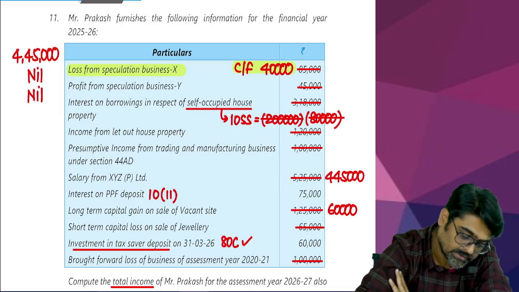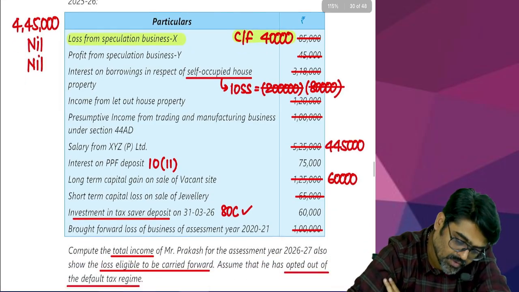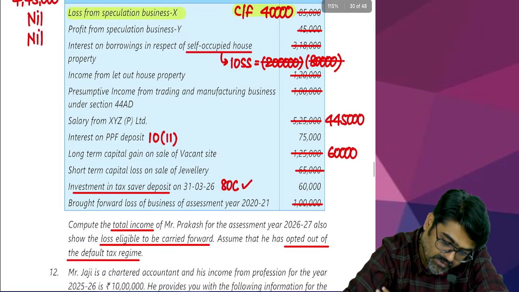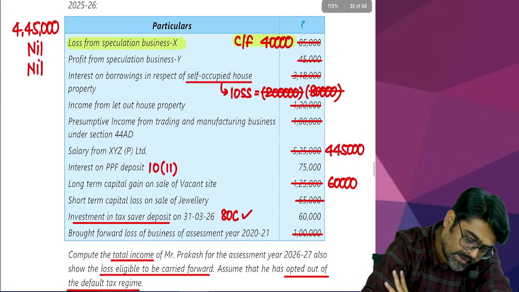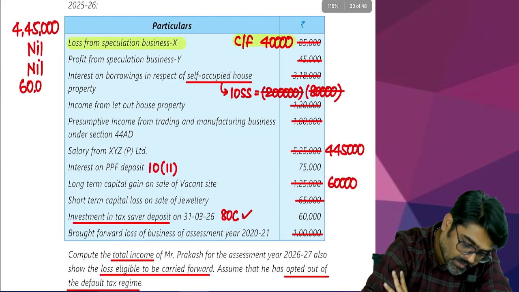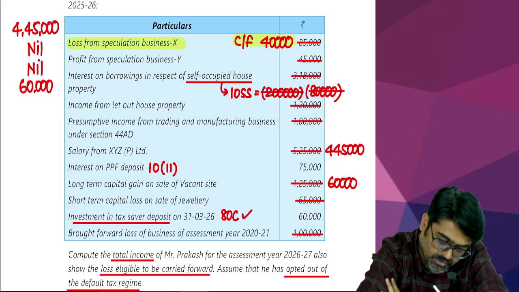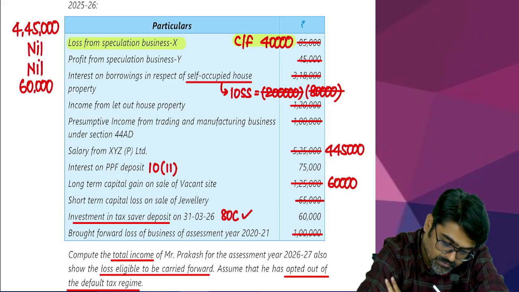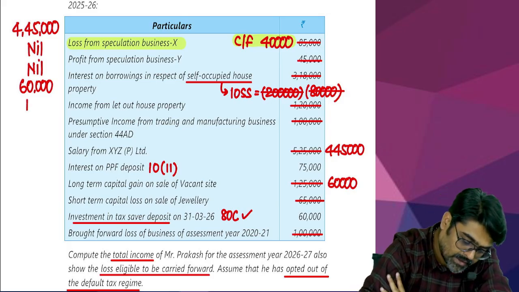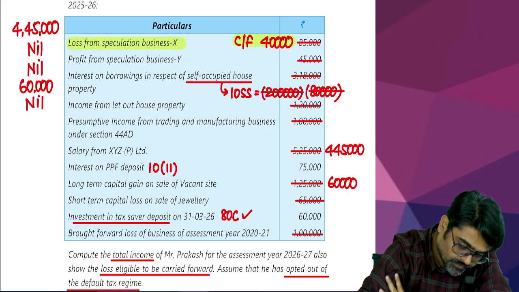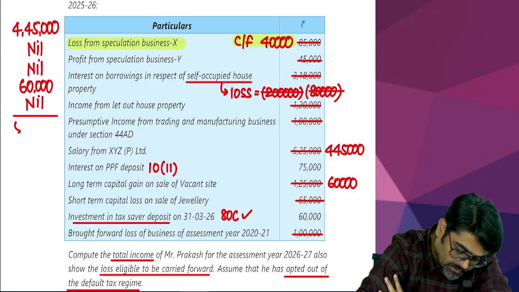Yes or no? Then capital gain do you have? Yes. How much capital gain you have? 60,000 capital gain. Long term gain still remaining. Done, sir? And how much is your short term gain? No short term gain. IFOS income do you have? No IFOS income. Nil. Calculate. 5 lakh. Now this 5,05,000 is your GTI.